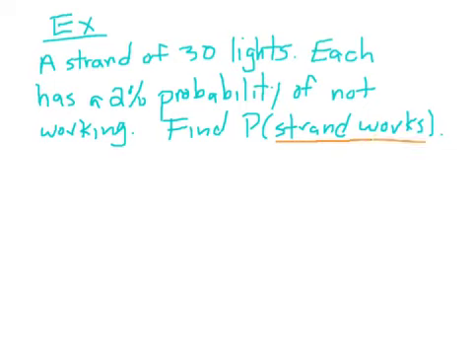Okay? Well, you have to think about what this has to do with each other. First of all, would it make sense that each bulb burning out is independent? Yeah. So let's first of all say, using rule 3, what's the probability of a bulb working?